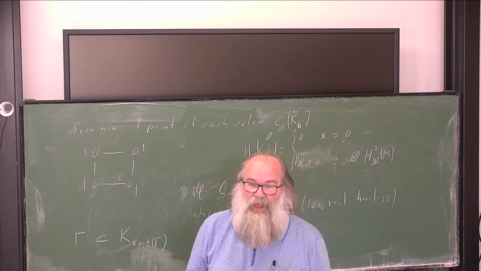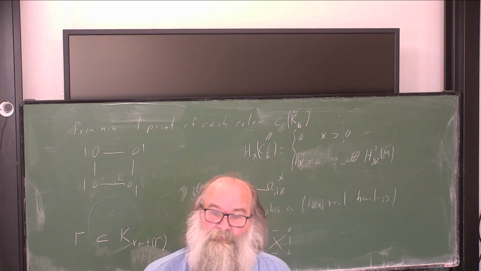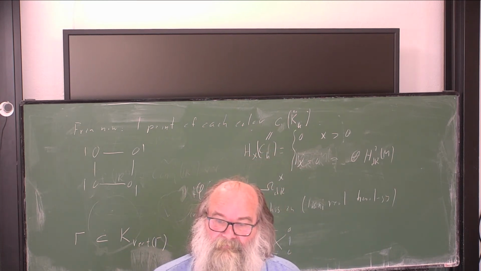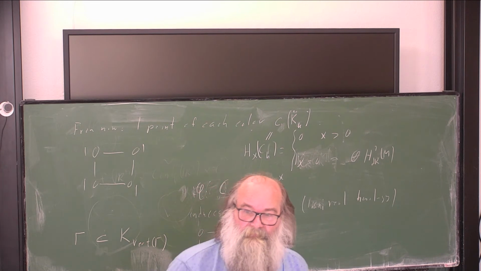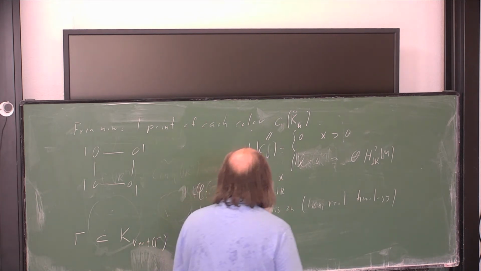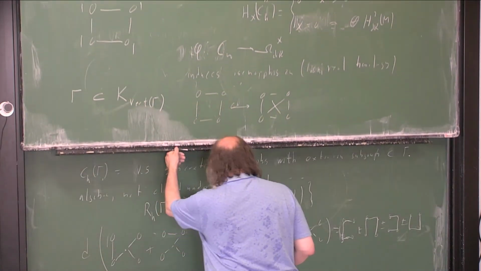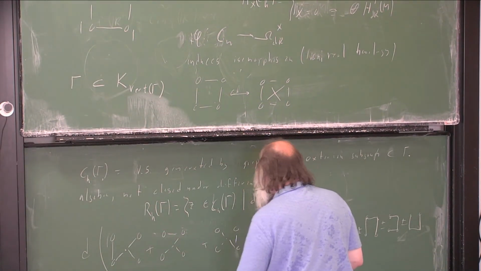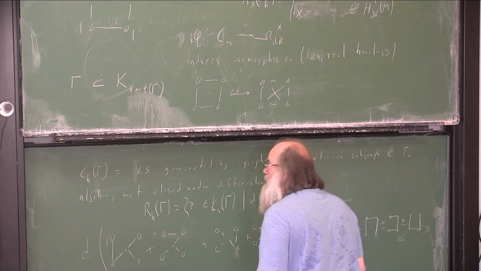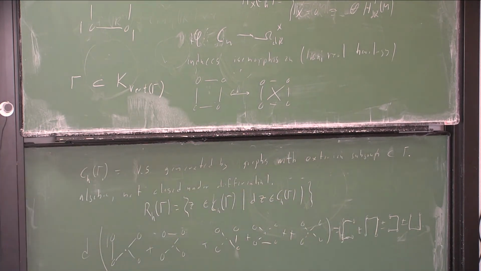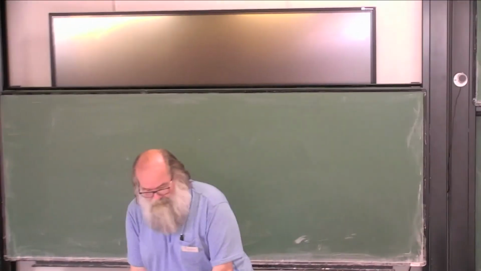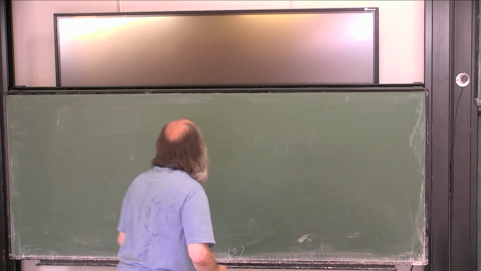So the original case corresponds to my complete graph. When there is no gamma, it means that it's the complete graph, and this is the case that was considered by Kontsevich.